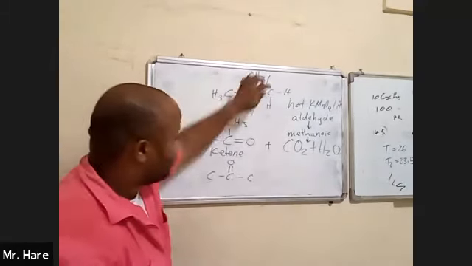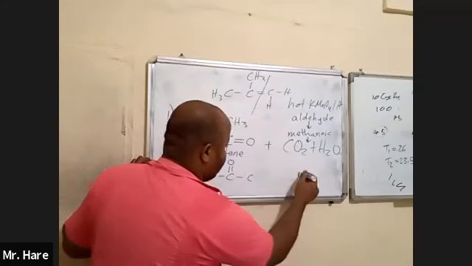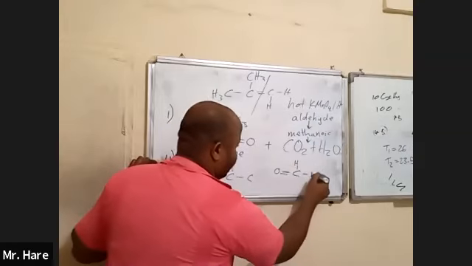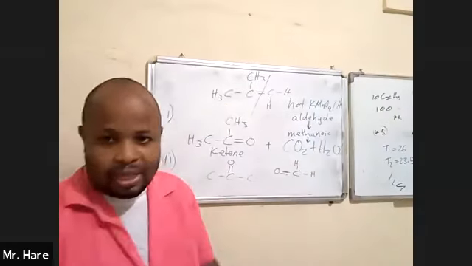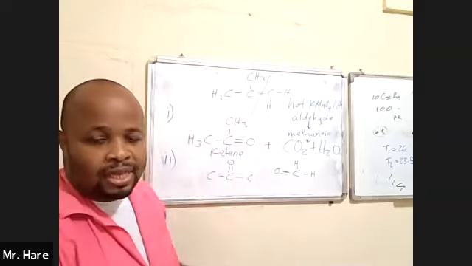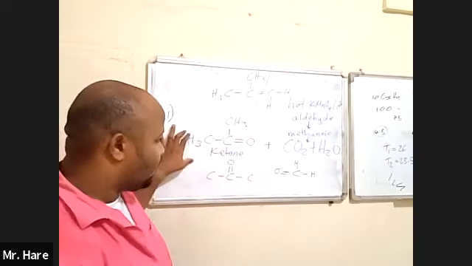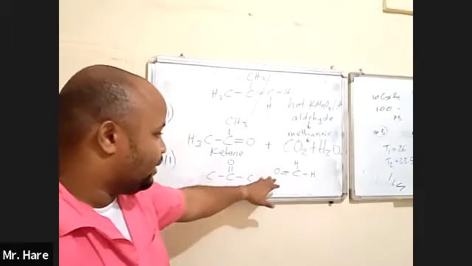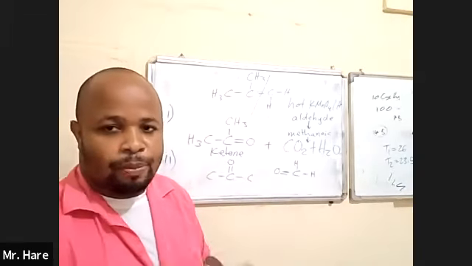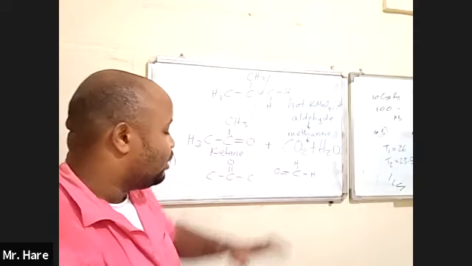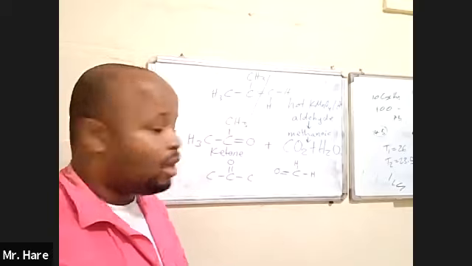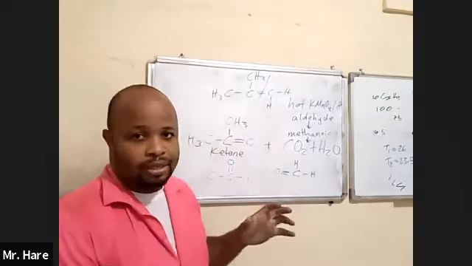For this one, C double bond O, H, H. When you get an aldehyde, it will not stay as an aldehyde. Ketones stay as ketones. Aldehydes do not stay as aldehydes. They get converted to carboxylic acids. So when you get an aldehyde, the final product would be a carboxylic acid.